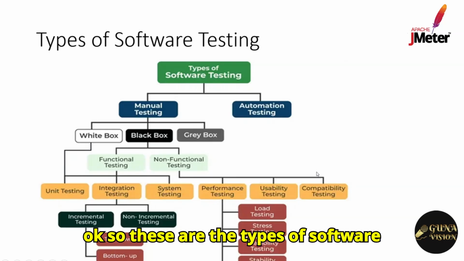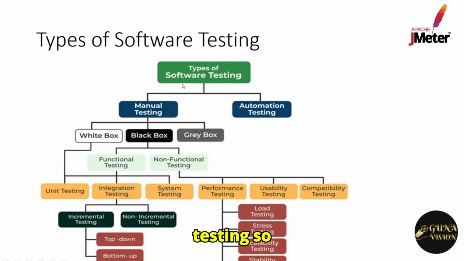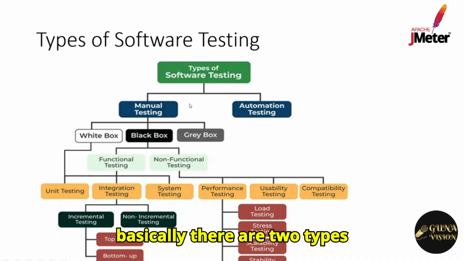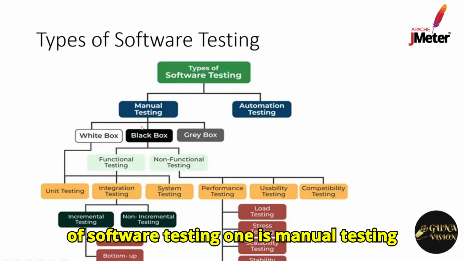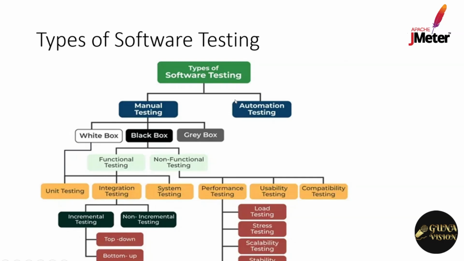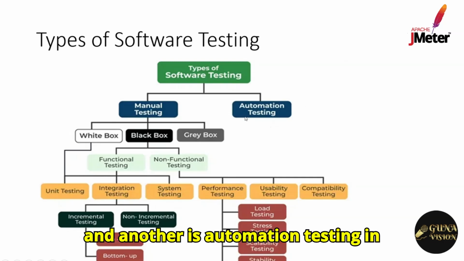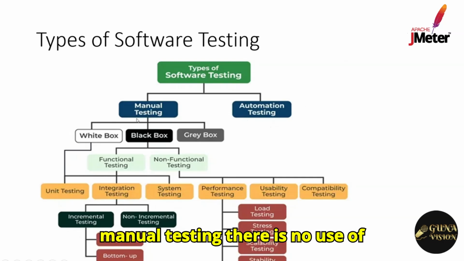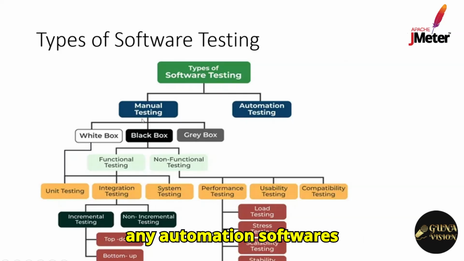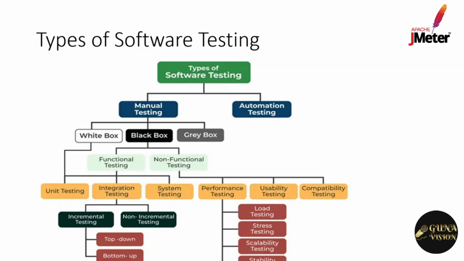Okay, so these are the types of software testing. Basically, there are two types: one is manual testing and another is automation testing. In manual testing, there is no use of any automation software.